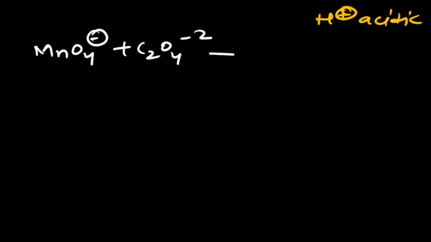Now, the reaction we have is MnO4 minus plus C2O4 minus 2 gives rise to Mn plus 2 plus CO2. This is the reaction they will give you, and they will ask you to balance the reaction in the acidic medium.